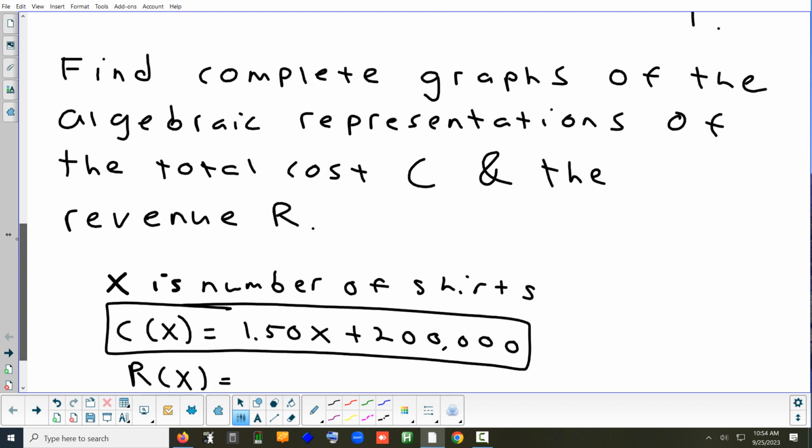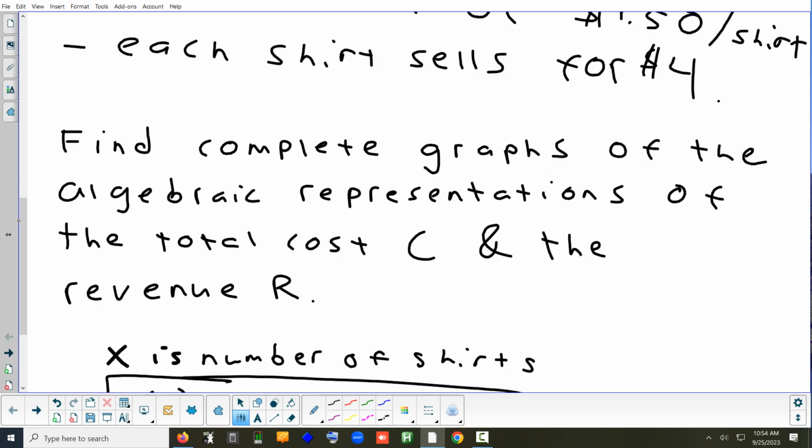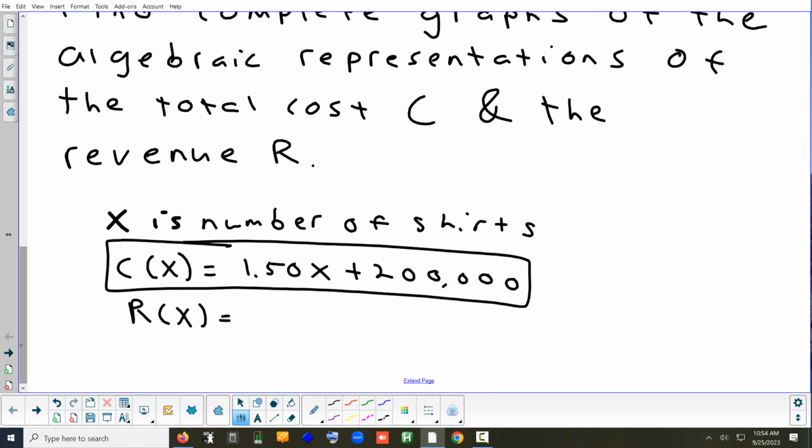So we're going to figure out how much they have to sell to break even. That's eventually what we're going to do. If we're thinking about profit, then we have to get a little bit fancier with the formula: 200,000 minus x times 2.50, because it's $4 to sell a shirt and $1.50 to make it. 4 minus 1.5 would be 2.5.